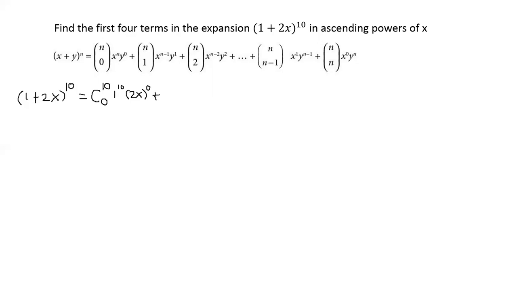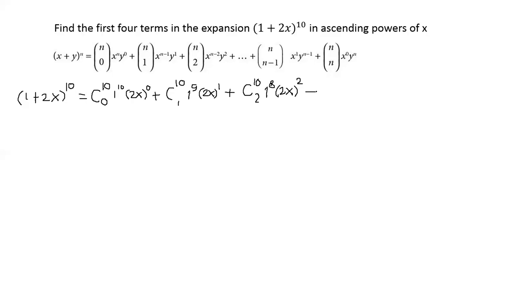And secondly, the second term, combination 10, 1, 1 to the power 9 because 10 minus 1, and 2x to the power 1. Look at the second term. The third term, combination 10 taken 2, 1 to the power 8 times (2x) squared.